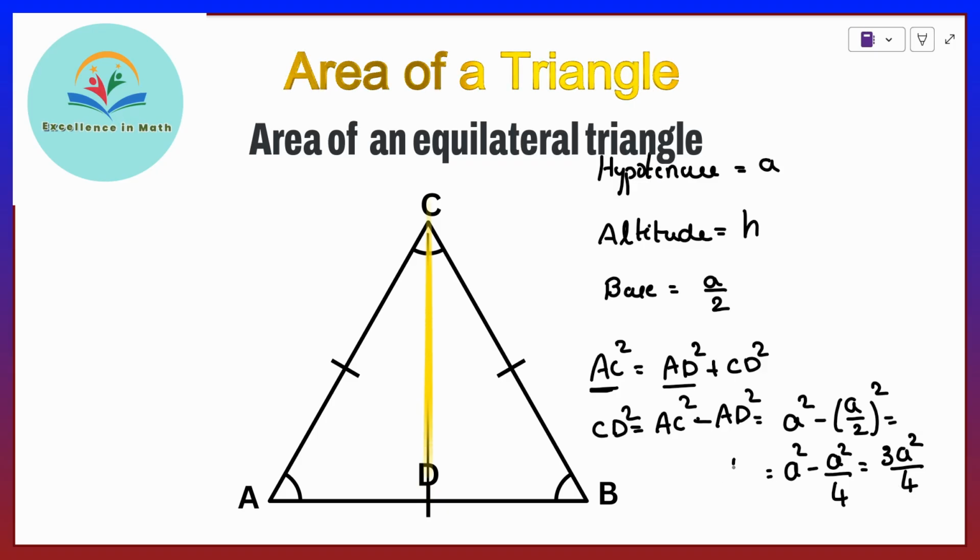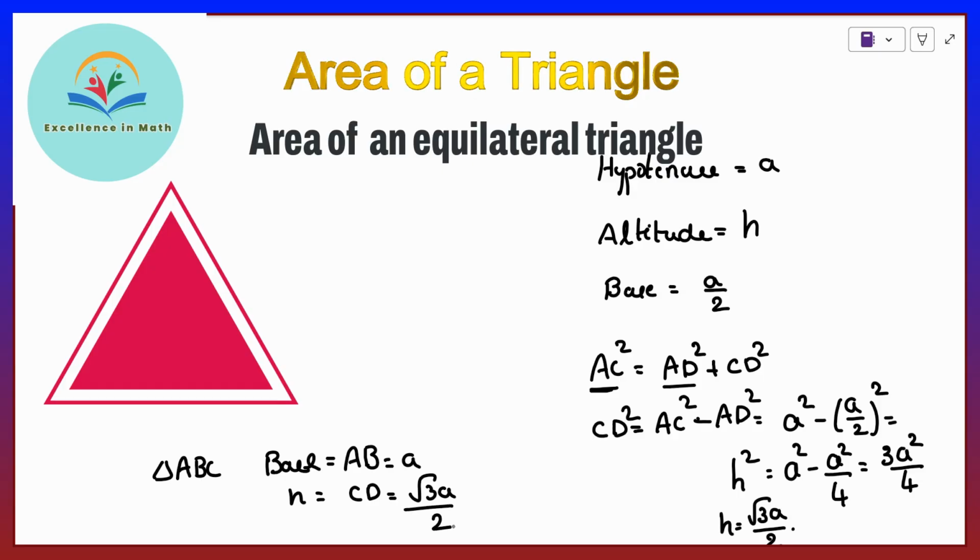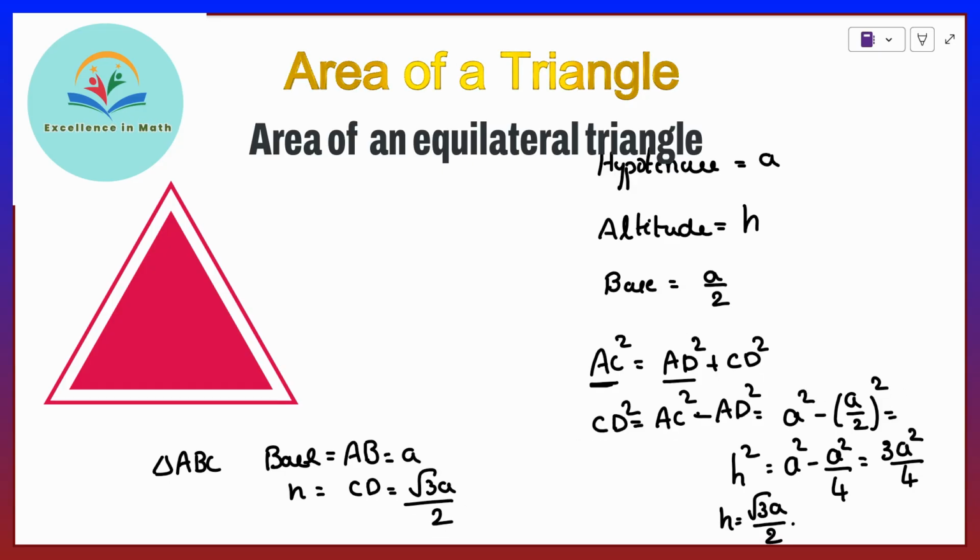So we got H square is equal to 3A square by 4, implies H is equal to root 3 A by 2. If you consider the triangle ABC, the base AB is equal to A and height CD is equal to root 3 A by 2. Perfect. If you know the base and height, it's very easy for us.